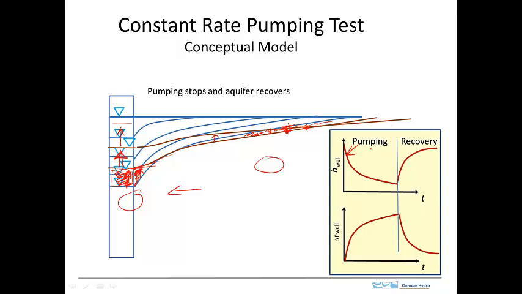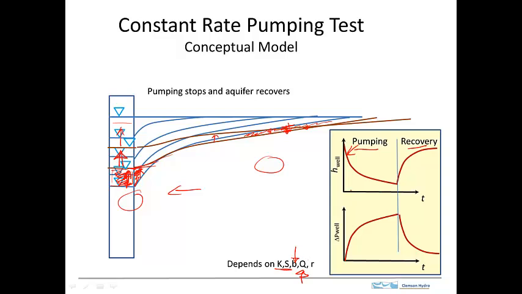And so that gives us two conditions where we can analyze the results: the conditions during pumping and the conditions during recovery. Both of these are responding to the formation properties, the hydraulic conductivity and the storage. So they depend on those, and they also depend, of course, on the well thickness and the pumping rate.